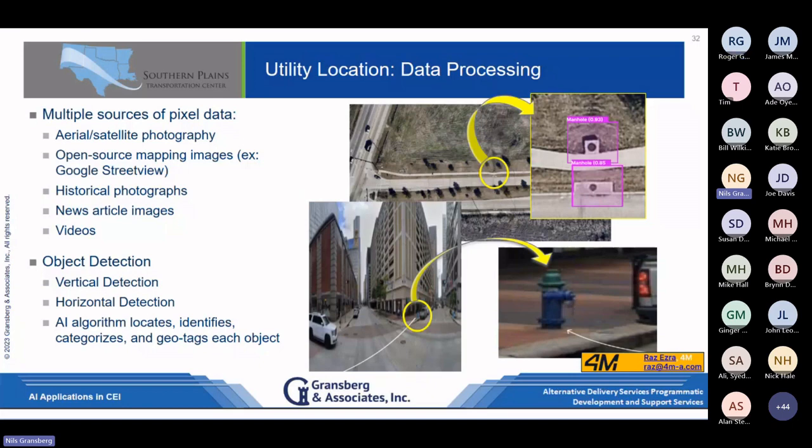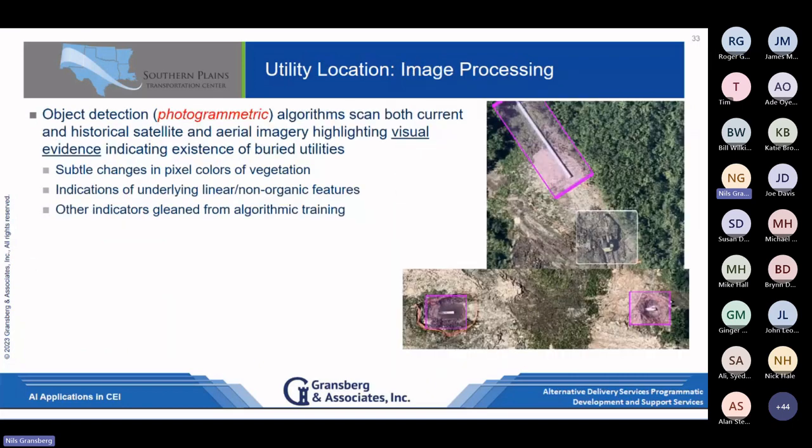And then of course they have folks who are doing quality control on this as well. But now the object detection stuff is, I think, even more interesting to me, using these photogrammetric algorithms where they'll compare current imagery with historical imagery, historical satellite and aerial photography, and be able to highlight any places where there's visual evidence of change, right?